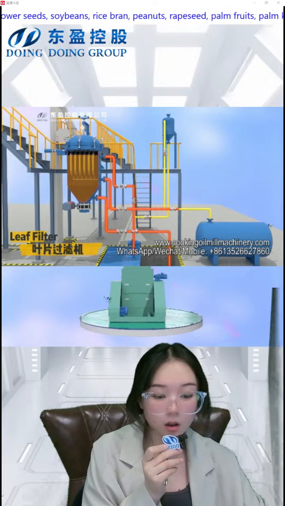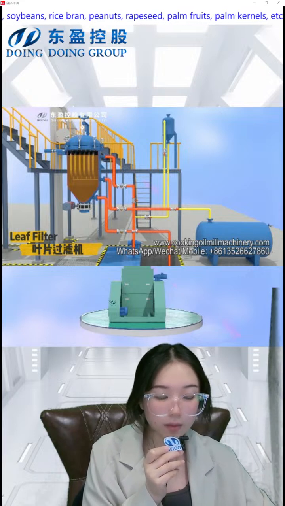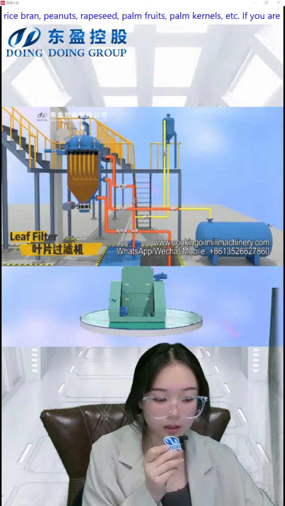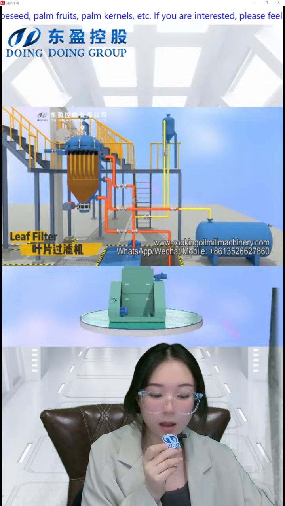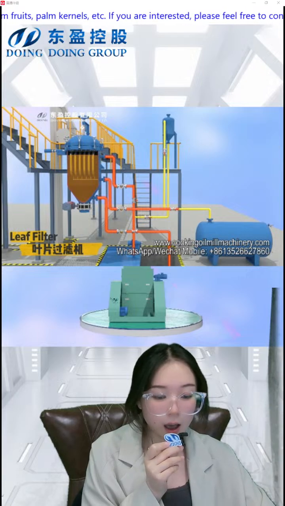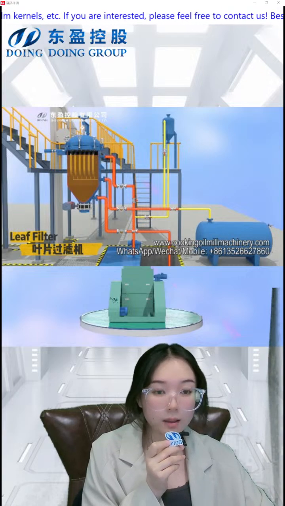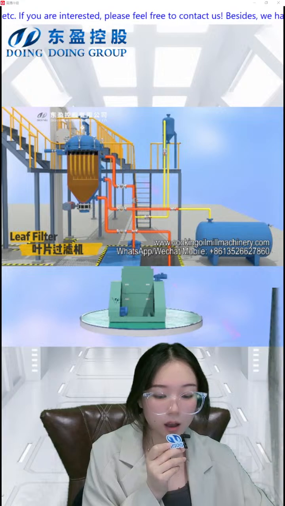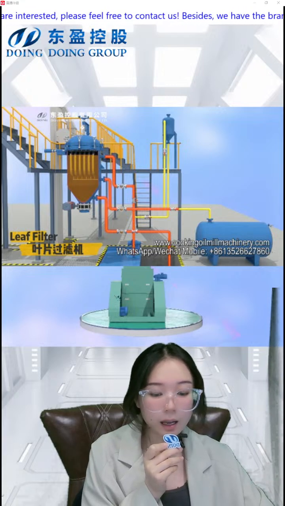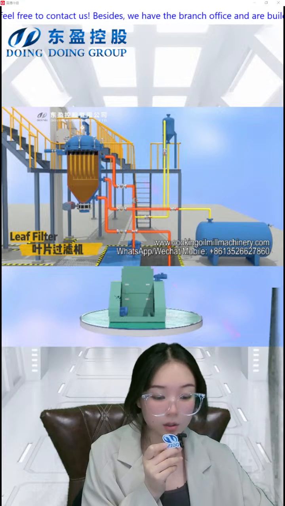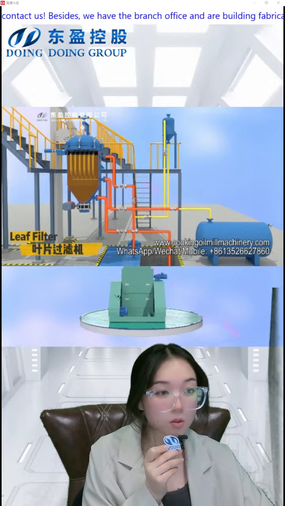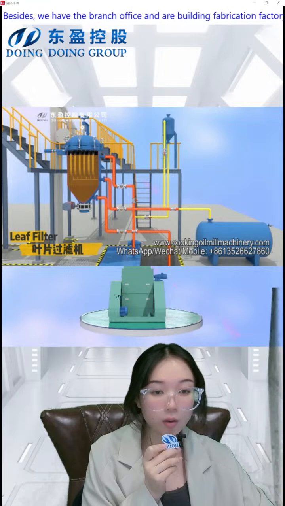Whether it is a large production line or a small oil press, our core goal is to obtain more and better quality edible oil, which runs through the design of the entire edible oil production process. We strive to provide customers with the most suitable edible oil production solution.